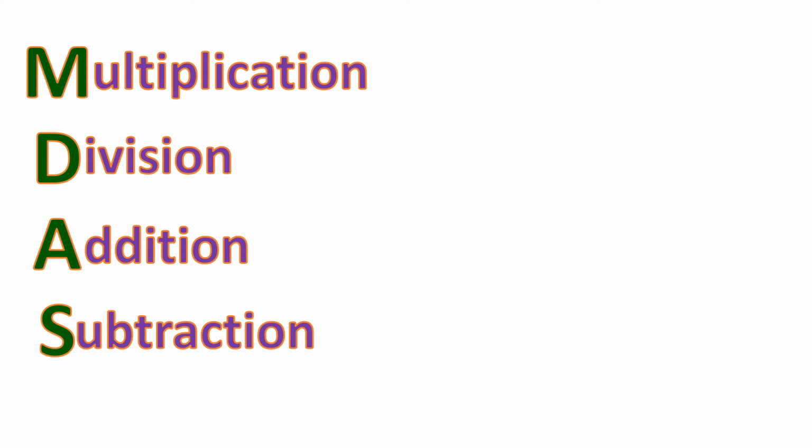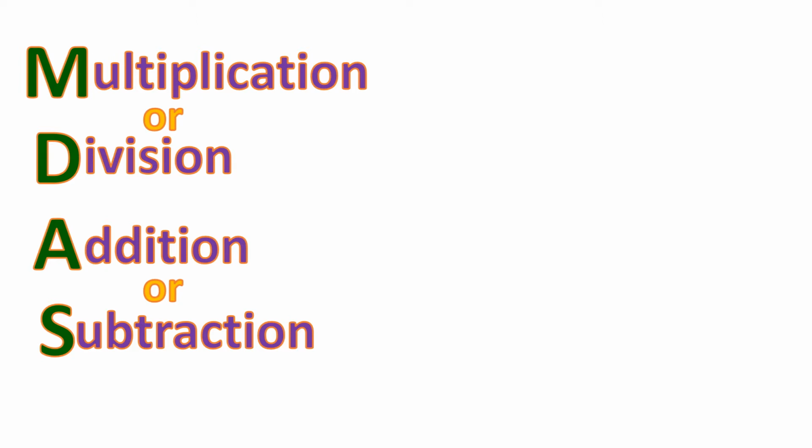They forgot that there is OR for multiplication and division, as well as the addition or subtraction. That means you can interchange the multiplication and division, as well as the subtraction and addition.